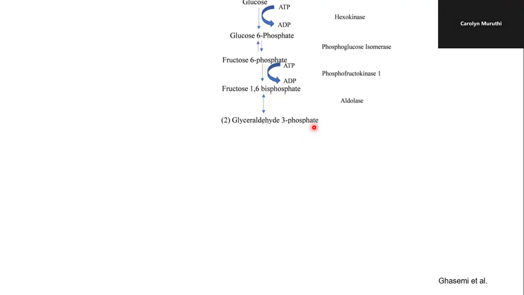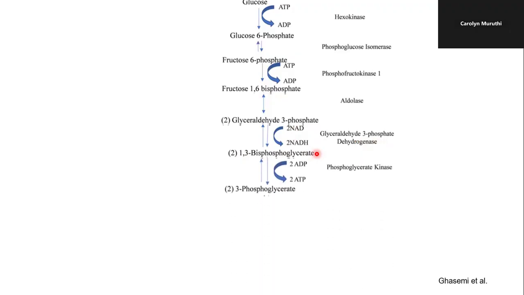Each glyceraldehyde 3-phosphate is then oxidized by glyceraldehyde 3-phosphate dehydrogenase, producing NADH and forming 1,3-bisphosphoglycerate, a high-energy intermediate. This molecule then donates a phosphate group to ADP via phosphoglycerate kinase, generating ATP and yielding 3-phosphoglycerate.